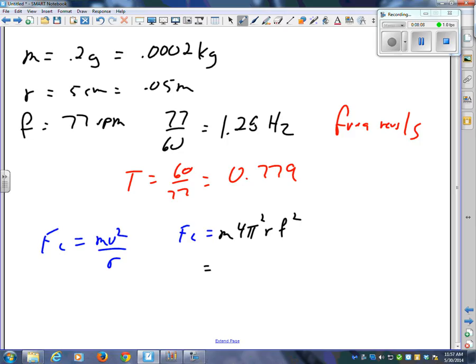We have the mass, so it's 0.0002, times 4 pi squared. The radius is 0.05, and the frequency squared is going to be 1.28 squared. I'm going to punch into my calculator. 0, 0, 0. Oh, yes, one more zero. Thank you.